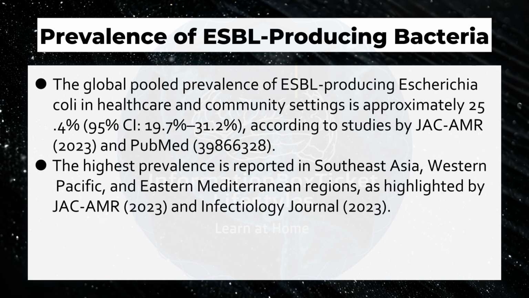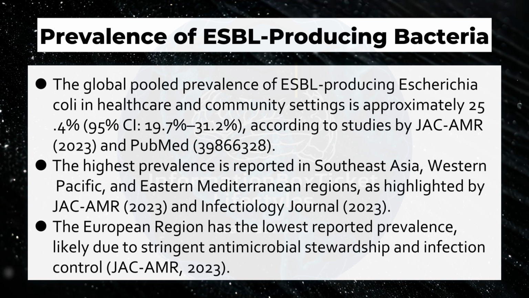The highest prevalence is reported in Southeast Asia, Western Pacific, and Eastern Mediterranean regions. The European region has the lowest reported prevalence, likely due to stringent antimicrobial stewardship and infection control.